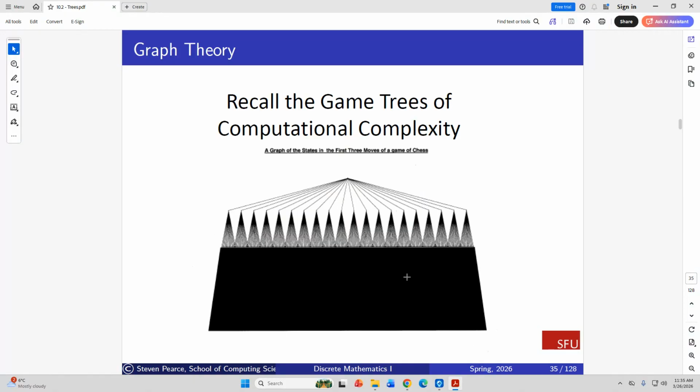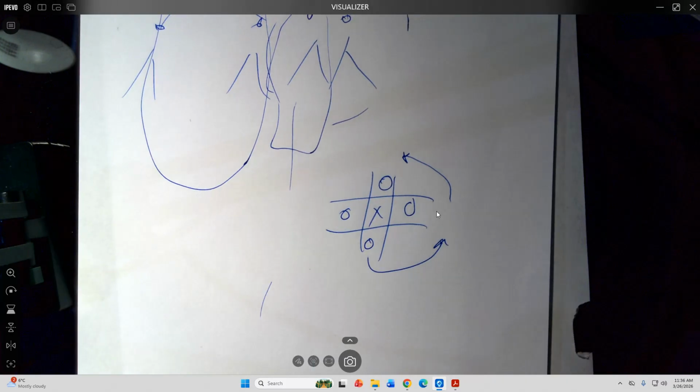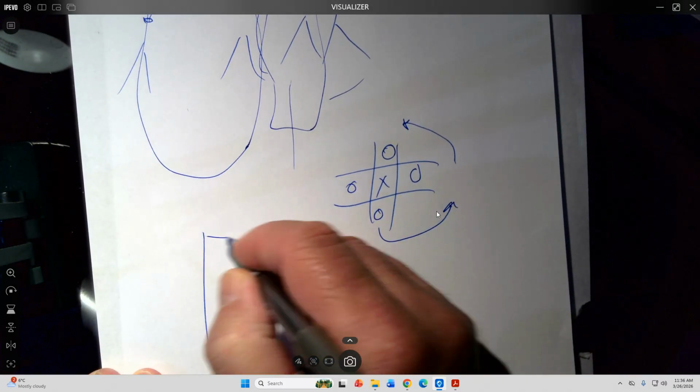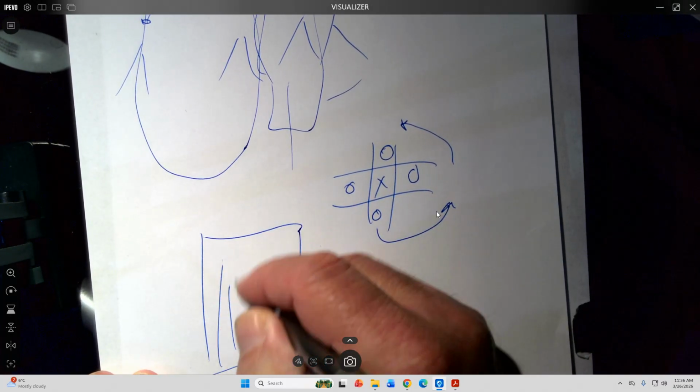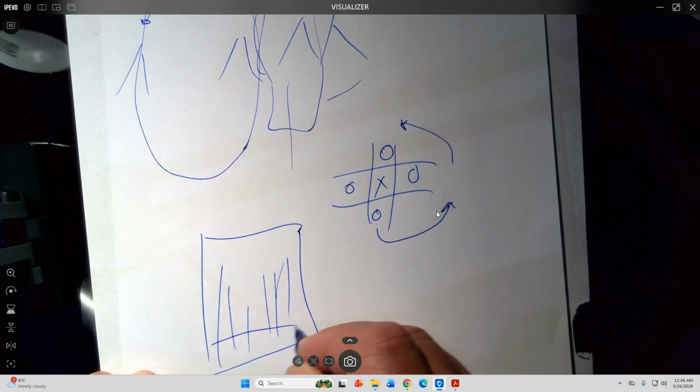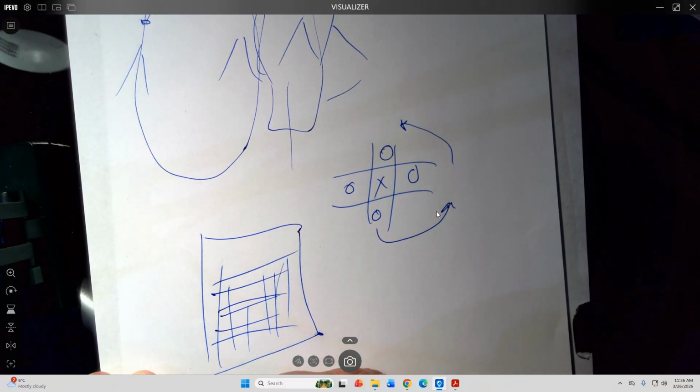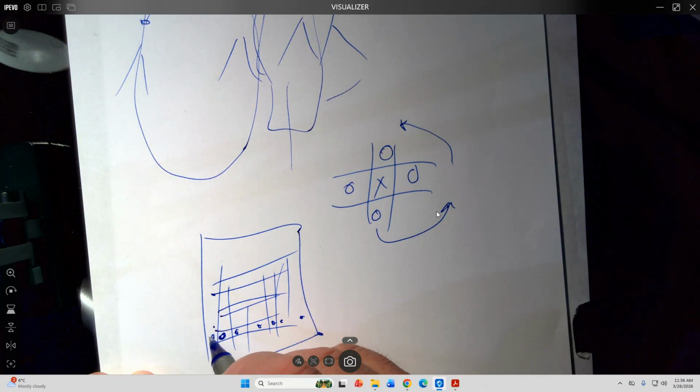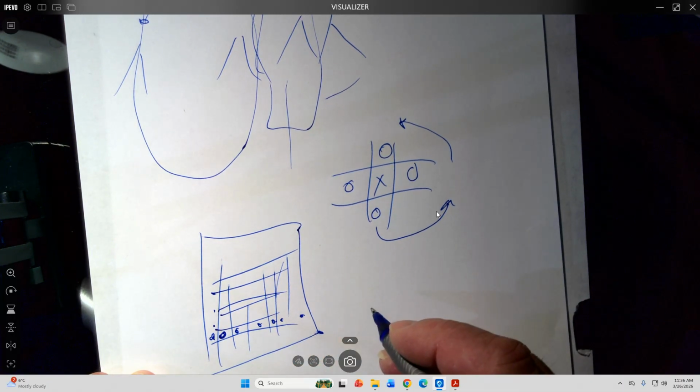Chess, look at that. There are 20 first moves in chess. Some of you probably don't know chess. It's a board 8 by 8, and you have pawns lined up here. There's 8 of them, and they can either go 1 ahead or 2 ahead. So that's 16 possible moves.